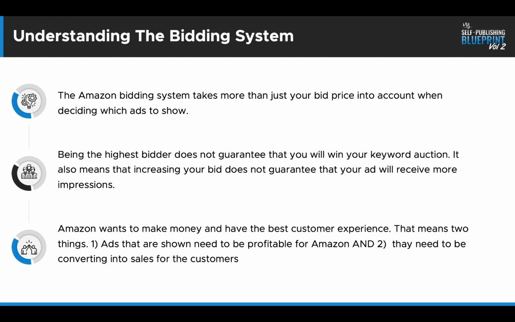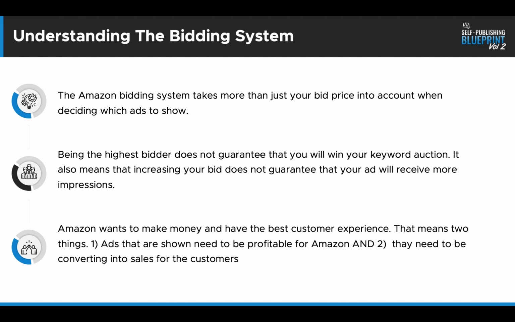So, understanding the bidding system. The Amazon bidding system takes more than just your bid price into account when deciding which ads to show. That means being the highest bidder does not guarantee that you will win your keyword auction. It also means that increasing your bid does not guarantee that your ad will receive more impressions. It's not just about money. Amazon wants to make money and have the best customer experience.